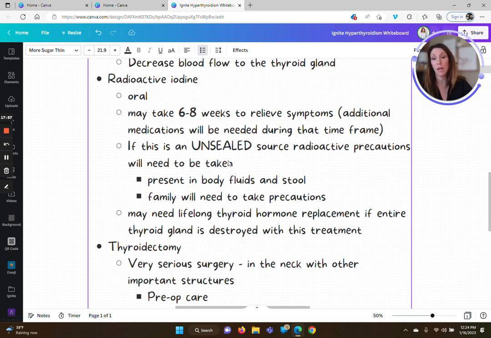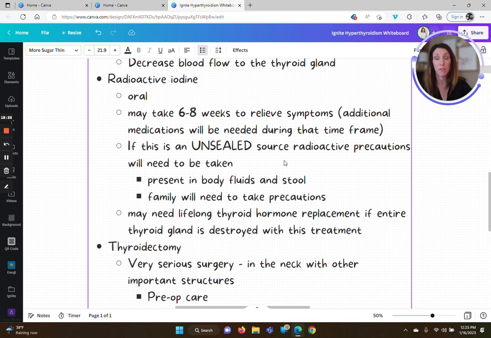And there is an unsealed source, so if it is an unsealed source of radioactive iodine, they have to take these additional precautions because they don't want their family to be exposed to radioactive iodine. And it is passed in patients from bodily fluids and stool. So this may include anything to do with using the restroom.